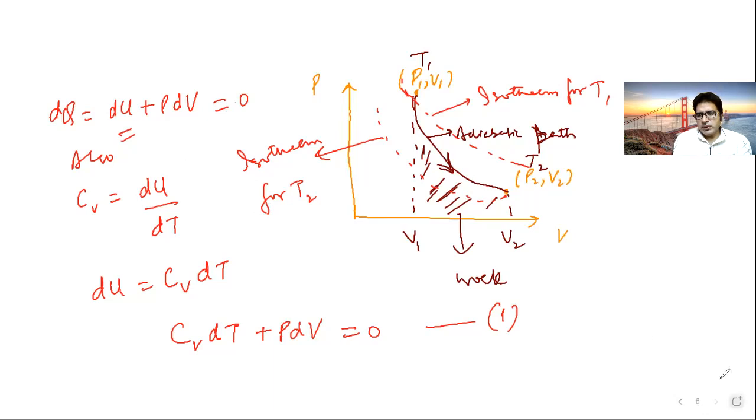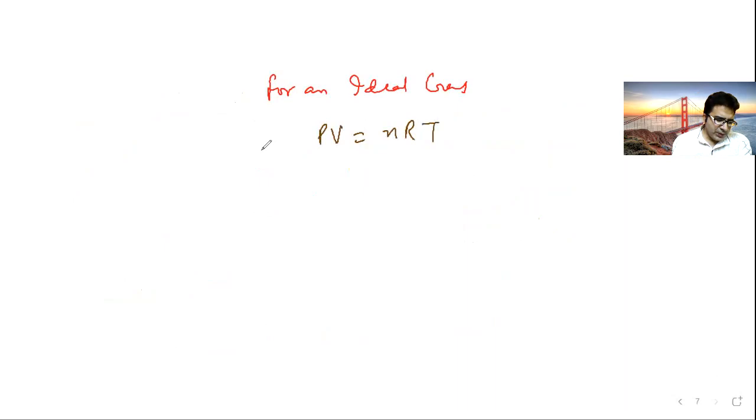Now, next what I do, for an ideal gas, PV is nRT. So I differentiate this equation. I will get PdV plus VdP is equal to nR dt, right?